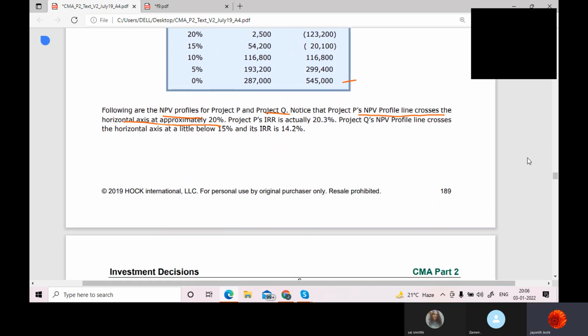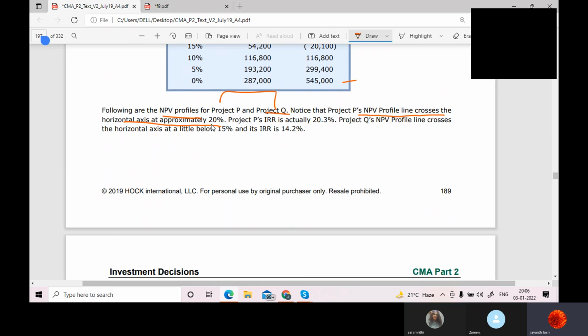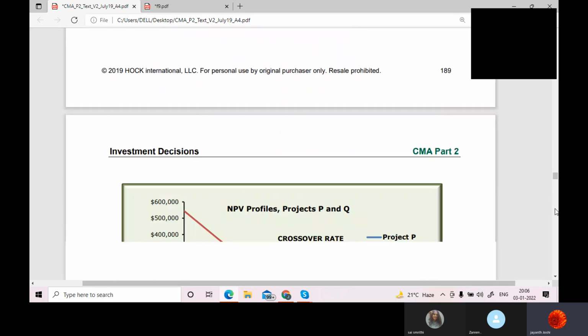So following are the NPV profiles for project P and project Q. Notice that project P's NPV profile line crosses the horizontal axis at 20%, which I showed you. So project P's IRR is this and Q's is this. So that's what they're showing there.